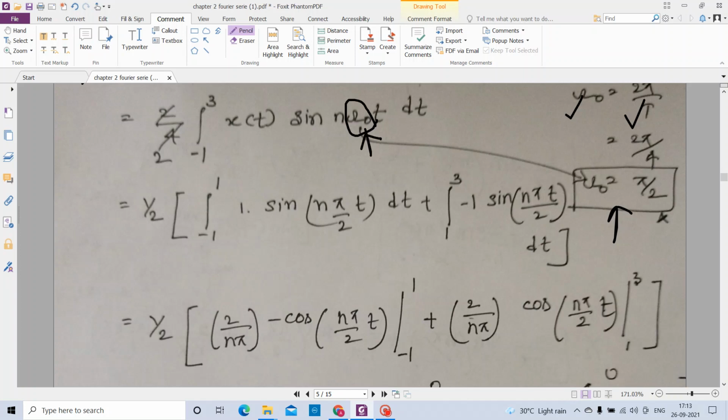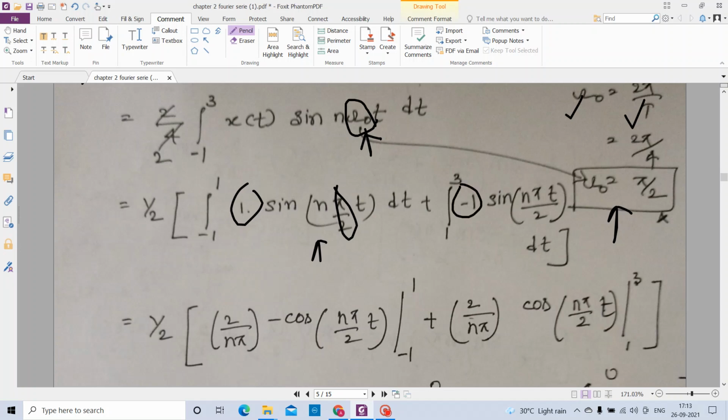Thereafter we will get this equation, right? For the positive half cycle, the magnitude is 1, multiplied with sine of n omega naught, where we substitute the value of omega naught as pi by 2, into t, into dt. Similarly, this is the negative half cycle of the train pulse, right?